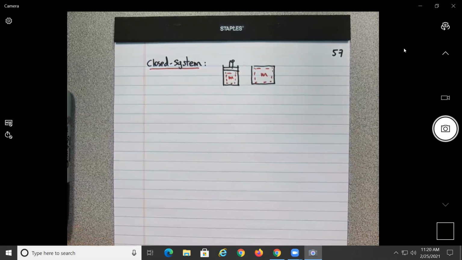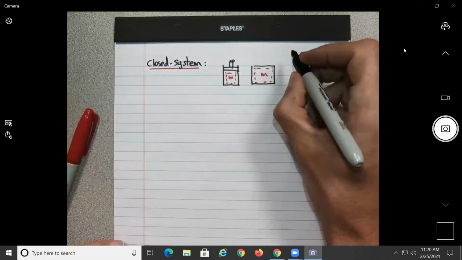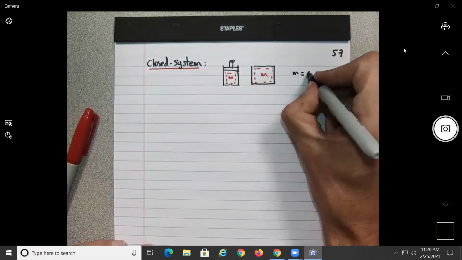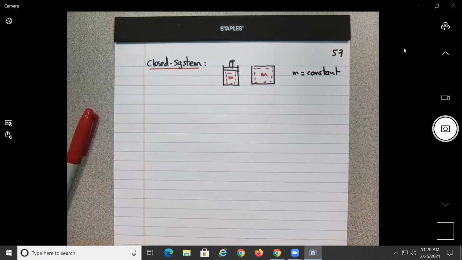A simple definition, or characteristic, of a closed system is that the mass of a closed system is basically constant. That's what we had all the time.